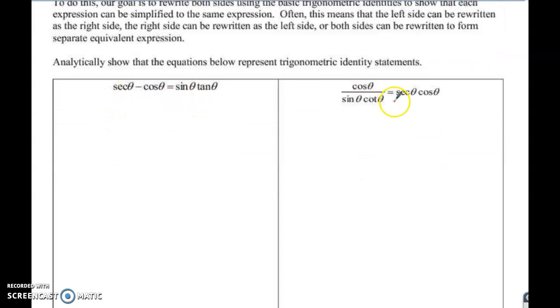There's definitely a set procedure here, but now I'm telling you when to stop. The typical advice teachers give is to start with the more complicated side, because if you start with the easier one, you might not see the light at the end of the tunnel on what to do to change it.